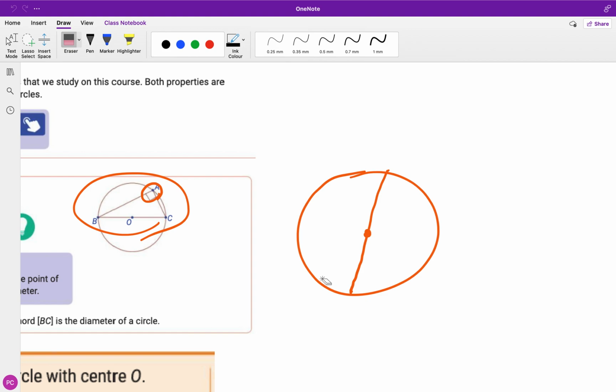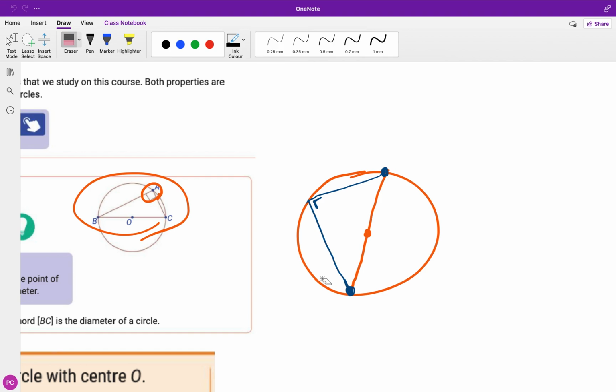And what I'm going to do is draw a random triangle. So I'm going to take a line from that point there, and I'm going to bring it to the edge of the circle. It doesn't matter where, once it's straight, and I'm going to bring it back like that. And what I want you to always remember is that when you have a triangle drawn, when it starts at one side of the diameter and ends at the other side of the diameter, this angle here is always 90 degrees.